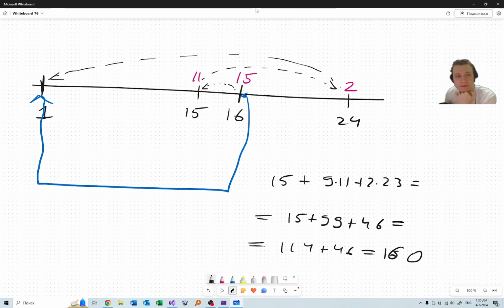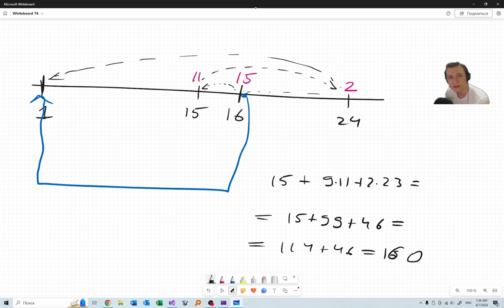However, we can do it instead: we can send it to the right and then to the left.